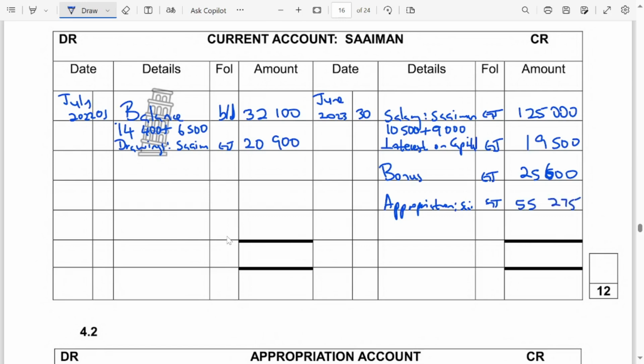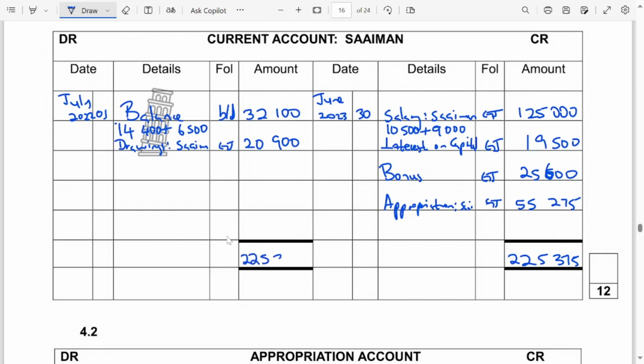Then from here now we check which side is big. So we can see that the bigger side is the credit side. So how much is it? So let's calculate. So it is 225,375.